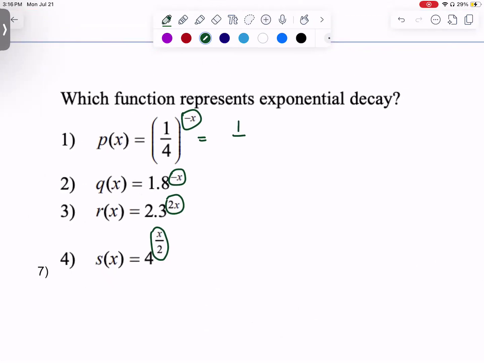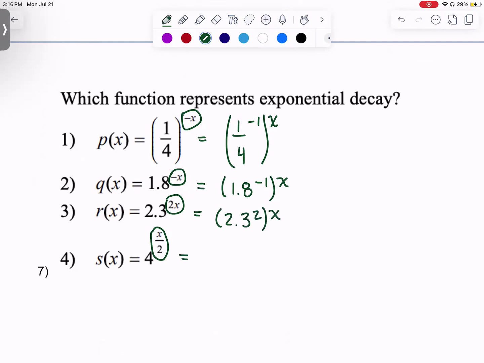This negative x needs to be written as negative 1 times x. Negative 1 with 1/4, x outside. 1.8 to the negative 1 to the x, 2.3 to the power of 2, then to the power of x, and 4 to the power of 1/2 to the power of x.